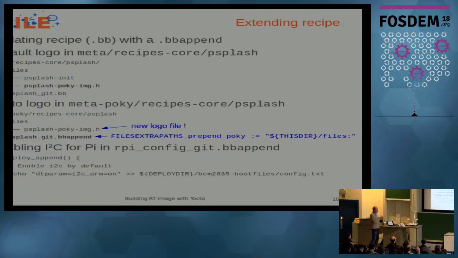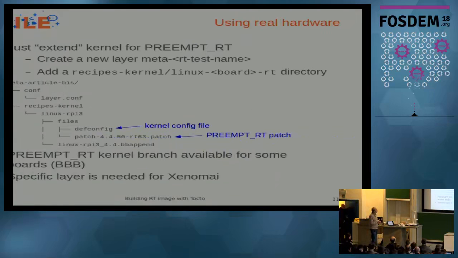So it's quite simple to change files, to add files, to define new functions. For example, this extended recipe activates the I2C bus on the Raspberry Pi, because it wasn't activated before. So we can use this system for PREEMPT_RT.